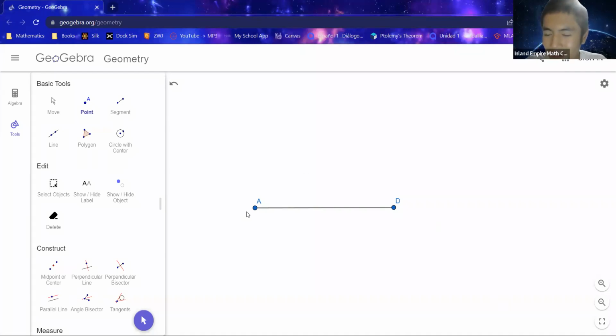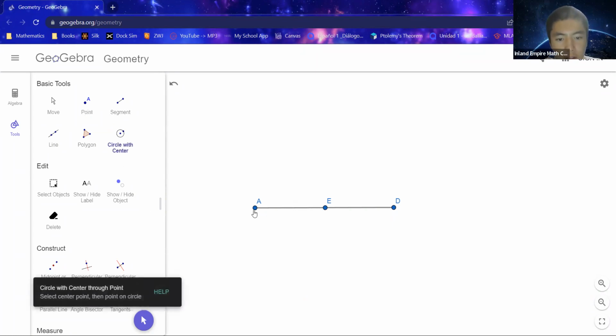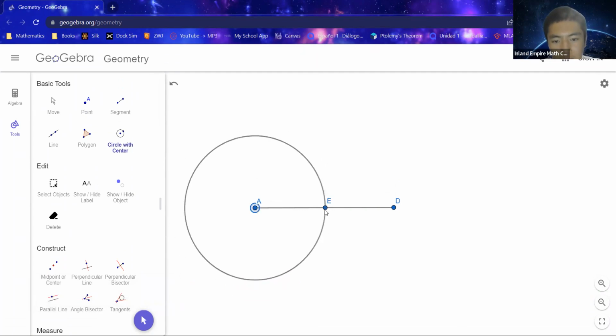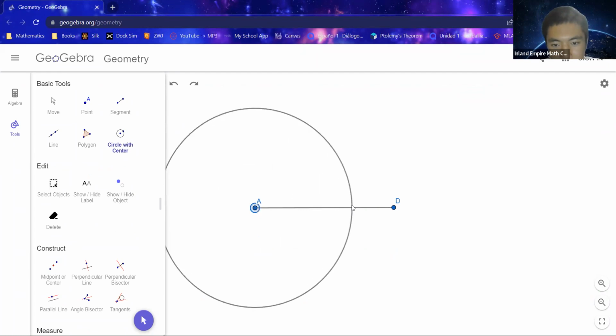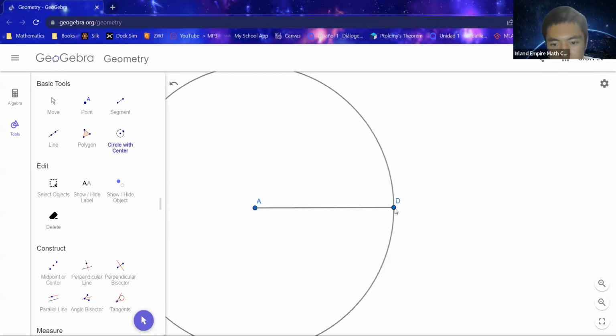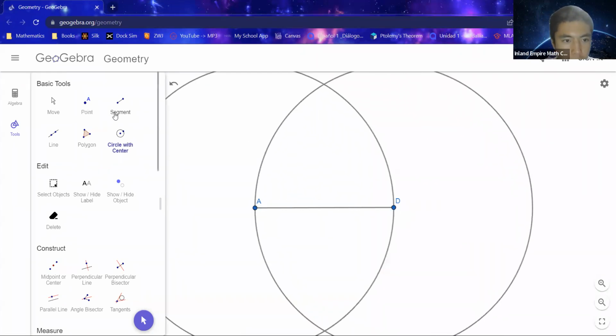Yeah, so recall that the perpendicular bisector of line segment AD is the line through the midpoint of AD, which I'm going to call here E, such that the line is perpendicular to AD. And from last class, we learned that you construct it by drawing two circles like this.